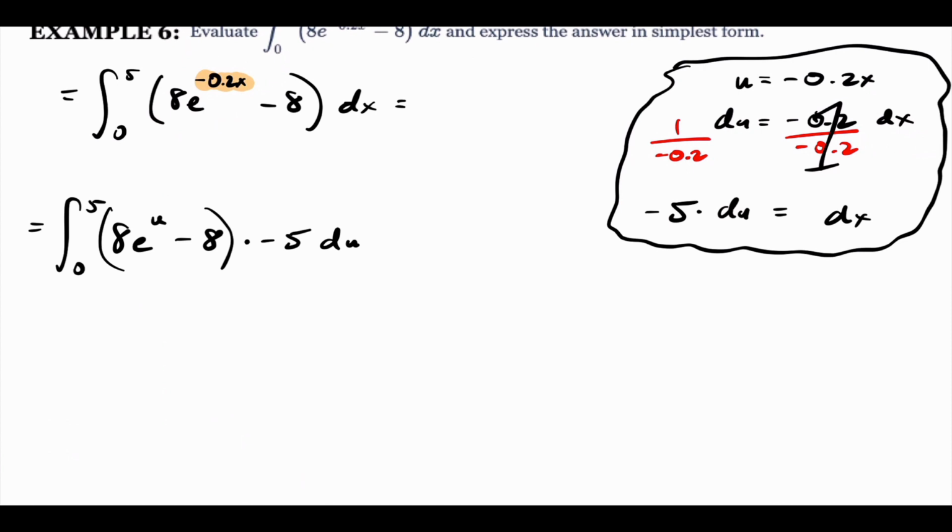Do I have any x's left? Are there any x? Just u, right? I just have one u. U's are okay. I got a u here and a u here. After I do u substitution, I don't want any more x's.